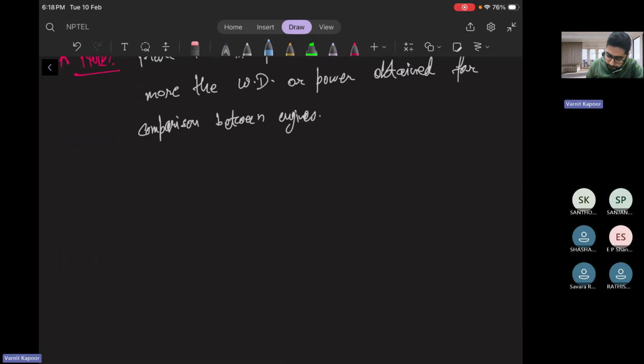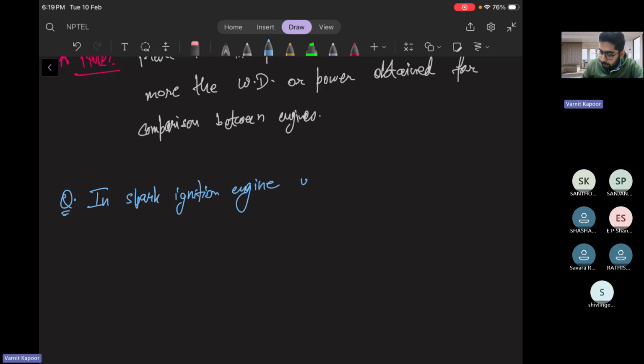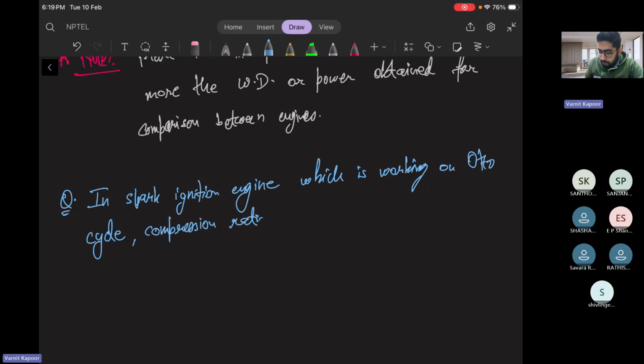Okay, so the question is, in a spark ignition engine, which is working on Otto cycle, the compression ratio is 5.5.